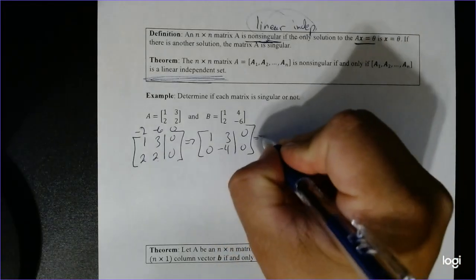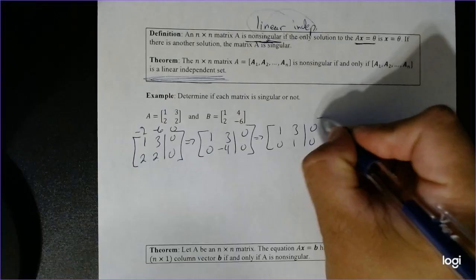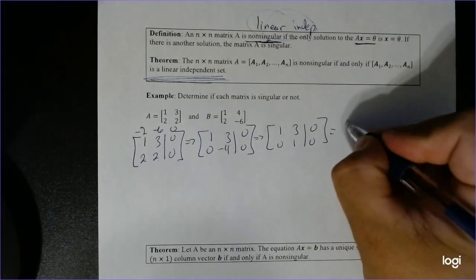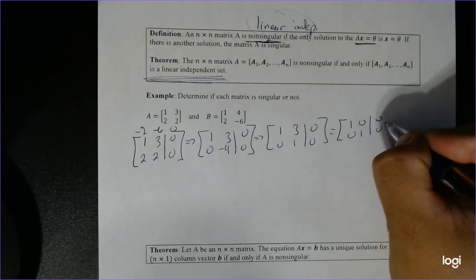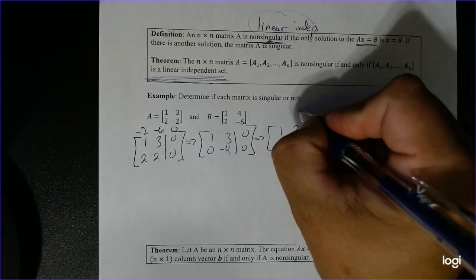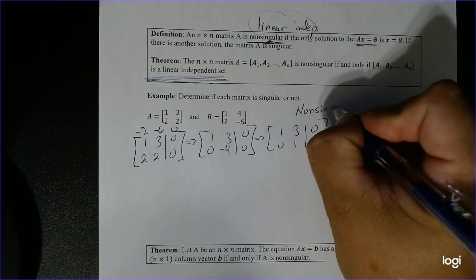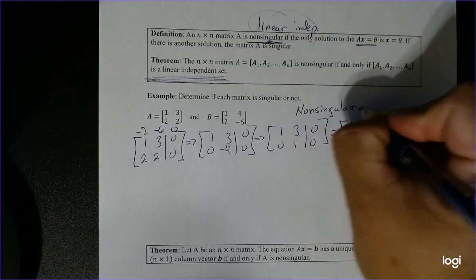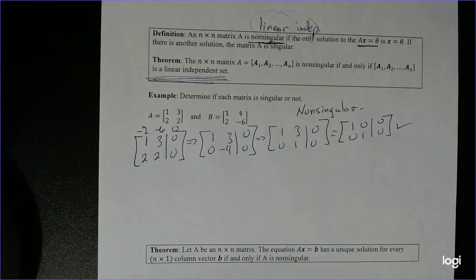Just if I make this easier for myself. Multiply this by -3 and then add it to it. We do get what we want. So this will be non-singular. Hence meaning it's linear independent.